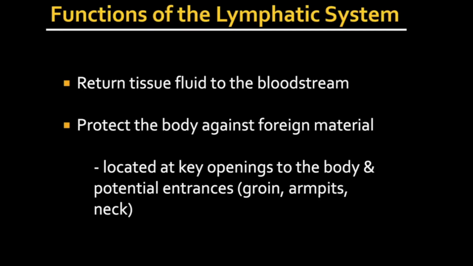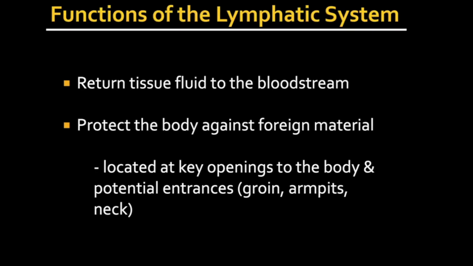The second function, you guys are already familiar with this. The lymphatic system pretty much protects the body against any kind of foreign invaders. Most of your lymphatic structures are located at key openings to the body and also potential entrances, such as the groin, the armpits, and the neck, where the trunk attaches to extremities in the head, basically.